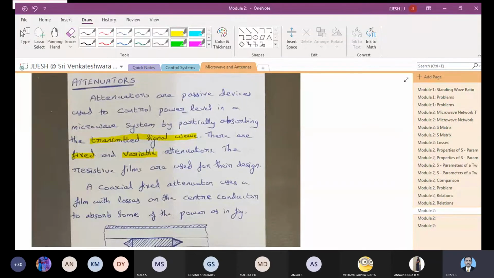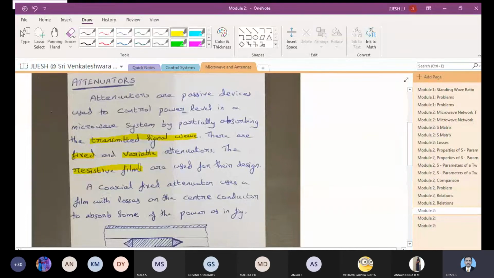They are passive devices, used to absorb the power levels or to control the power level, and they basically absorb the transmitted signal wave. We have two types of attenuators, one called fixed attenuator and another called variable, and resistive films are used for their design.